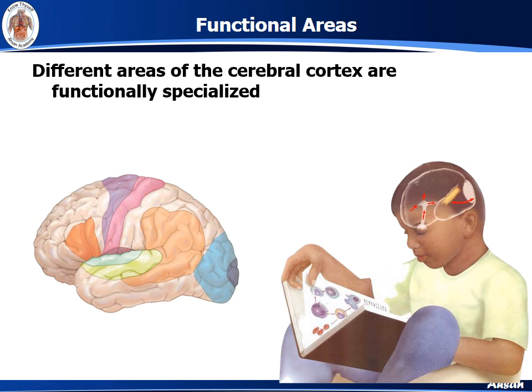The different areas of the cerebral cortex are functionally specialized, like some area is related to vision, some area related to the motor activity of the muscles, and so on. These areas are classified in different ways. Brodmann's classification will be discussed here, and the areas are known as Brodmann's areas.